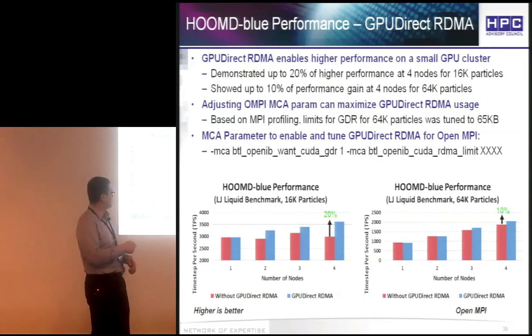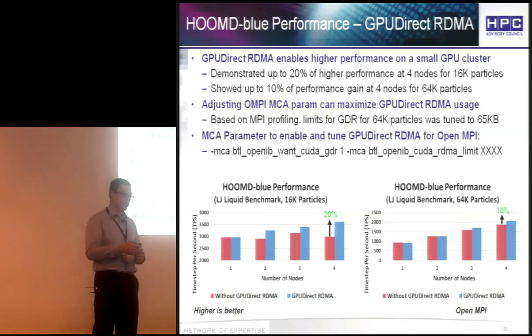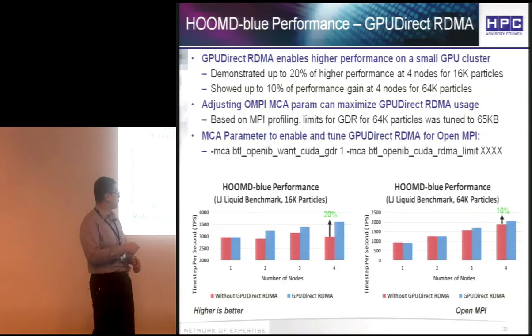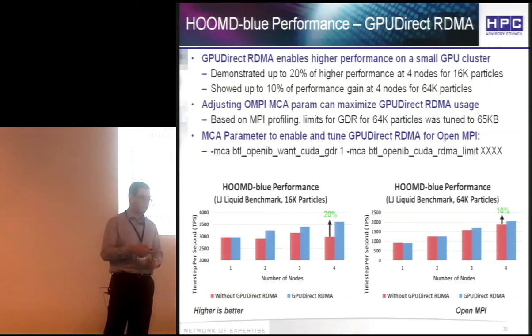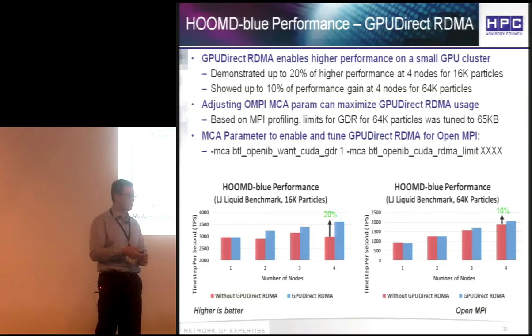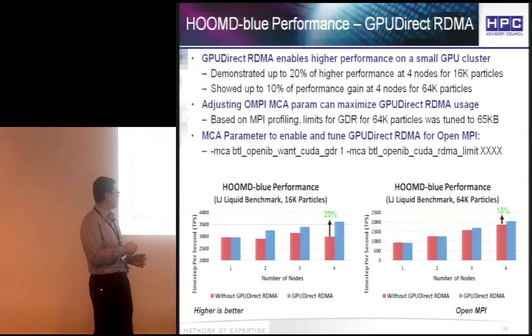On a 16K particle workload, with GPUDirect RDMA, I see about 20% improvement, which is great, because if GPUDirect RDMA isn't used, you get limited scaling, pretty flat scaling at all. There's not even any good performance when you're using 2 or 3 or 4 nodes.